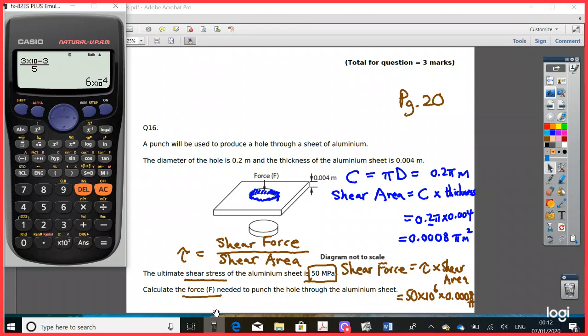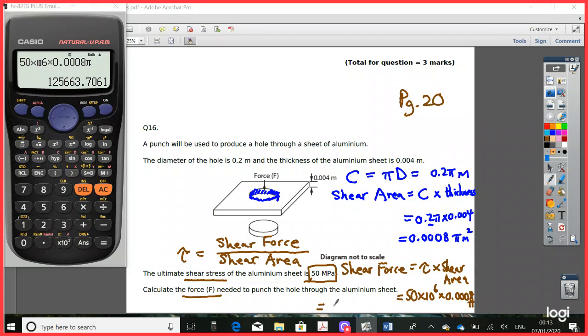So in the calculator, 50 times 10 to the power of 6 times 0.0008 shift pi, and that equals 40,000 pi, and that is how much force you need.